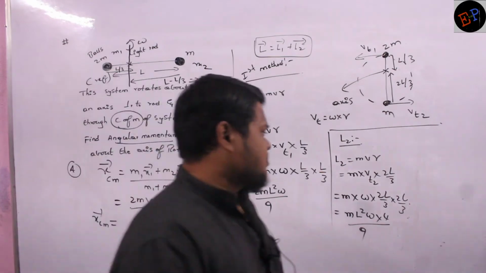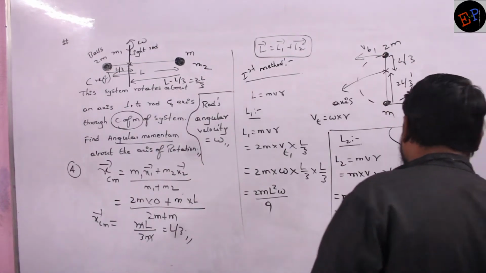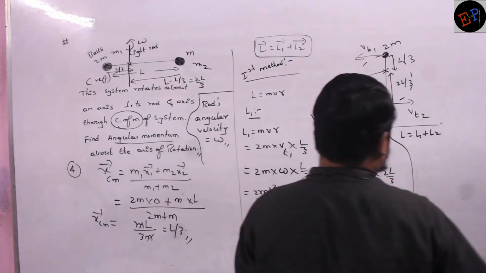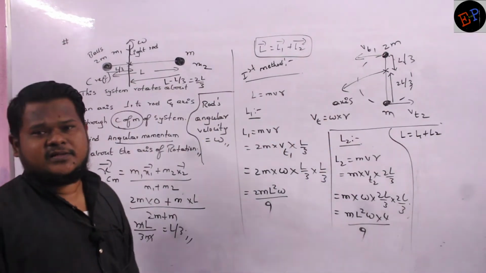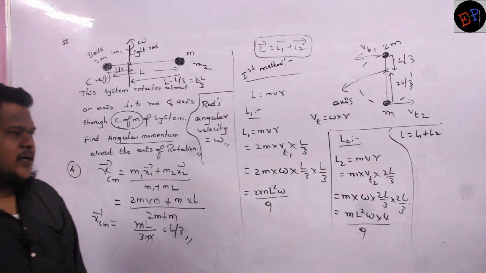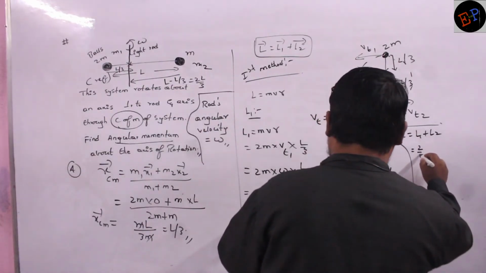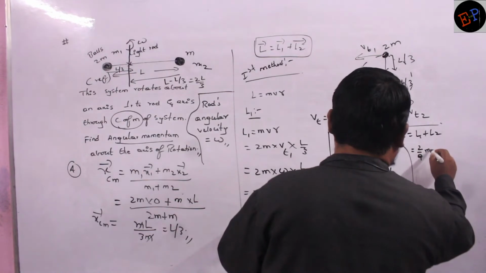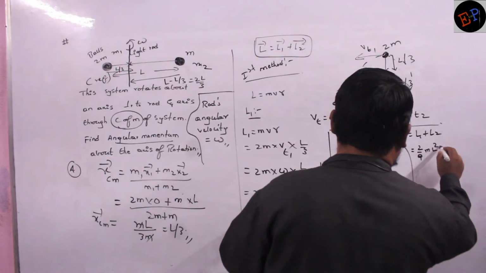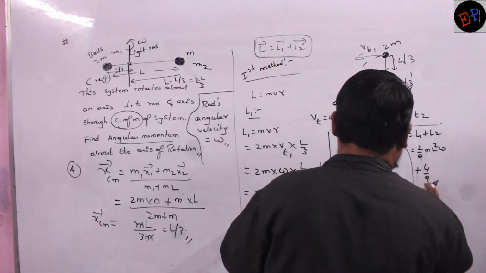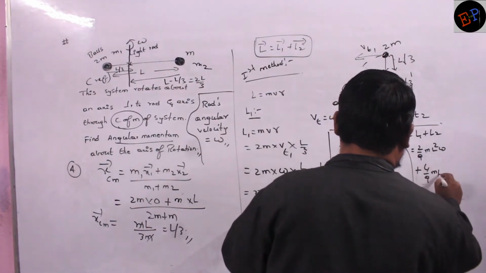Clear, no? So what is the total angular momentum? Total angular momentum is L1 plus L2. Now no need of writing in vectors because they are in the same direction. So write down: 2 by 9 m L square omega plus 4 by 9 m L square omega.